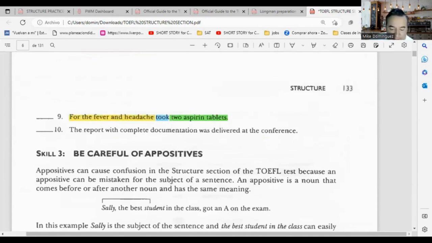Incorrect. Why is it incorrect? The verb is in the past. Really?